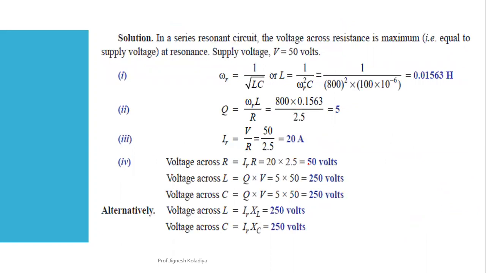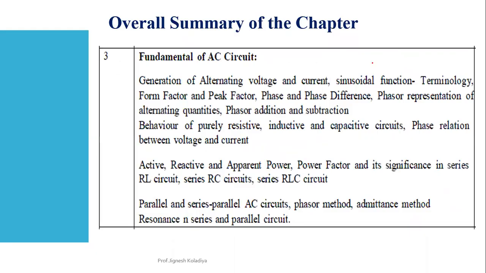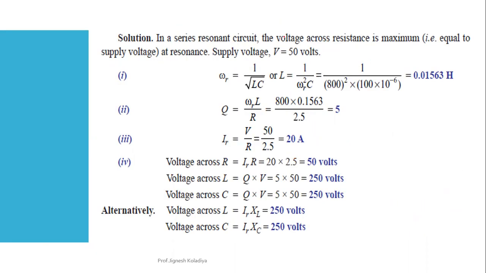So in a series resonance circuit, the voltage across resistance is maximum at the resonance condition only, and the supply voltage is given as 50 volt over here.